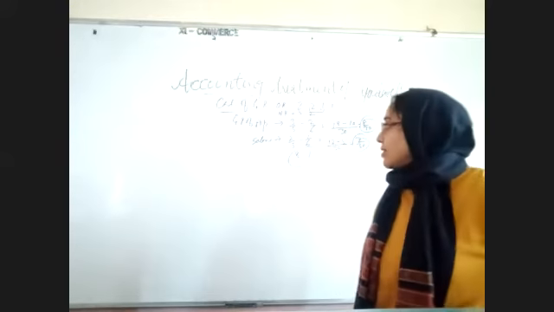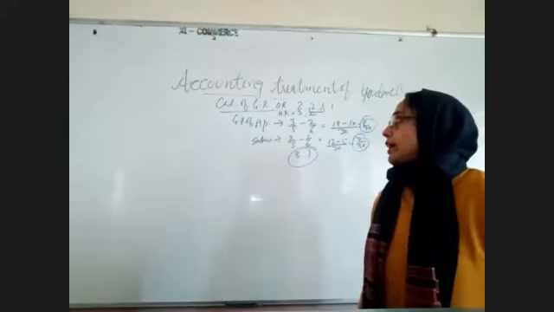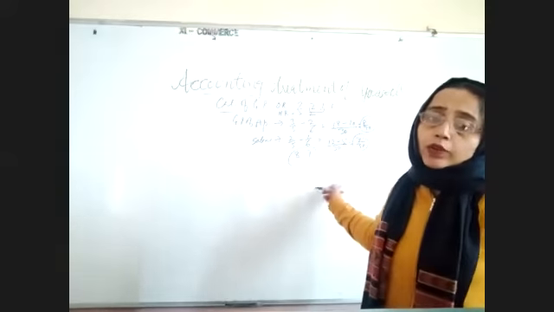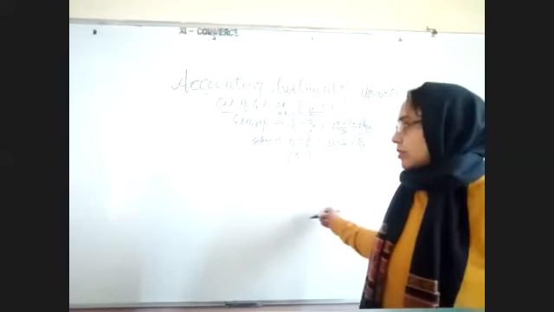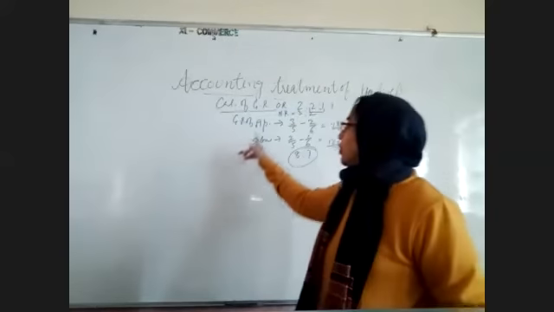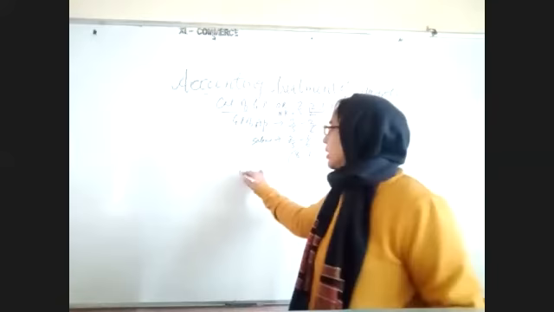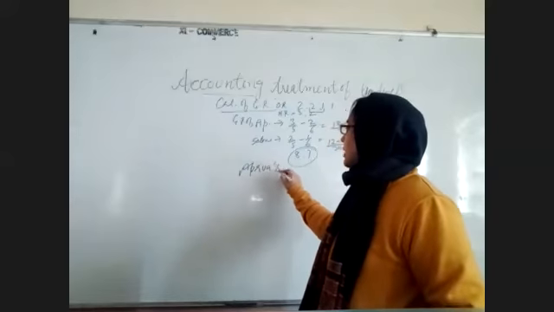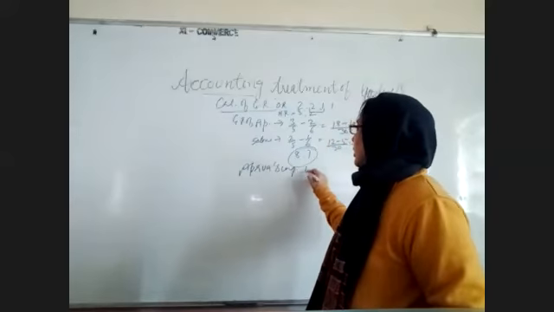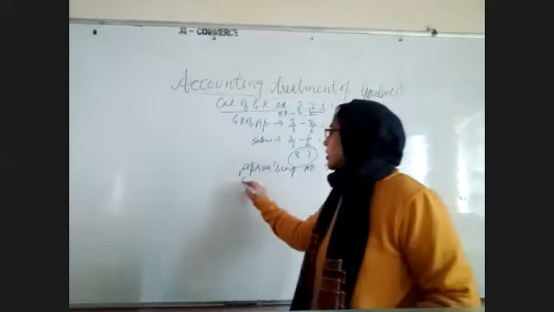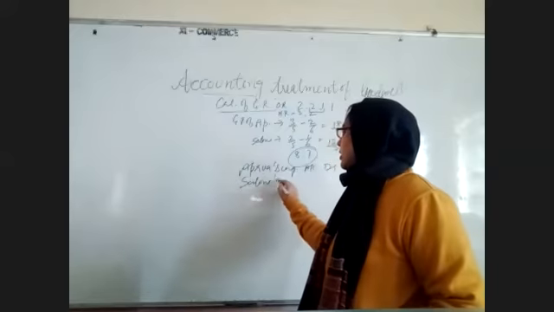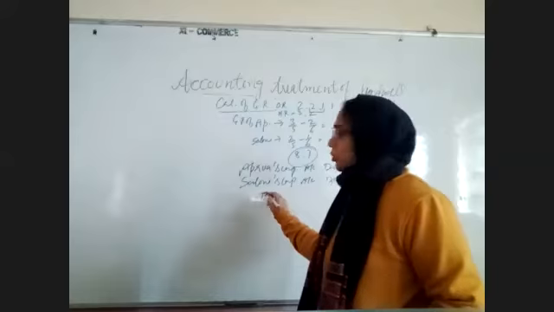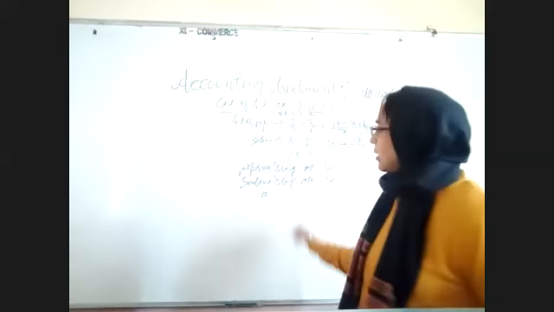Which entry will we pass in case of retirement? Continuing partners' capital accounts debit to retiring partners' capital accounts. Okay, so continuing partners are Apurva and Saloni. Apurva's capital account debit, Saloni's capital account debit, to Dimple and Komal who are retiring.